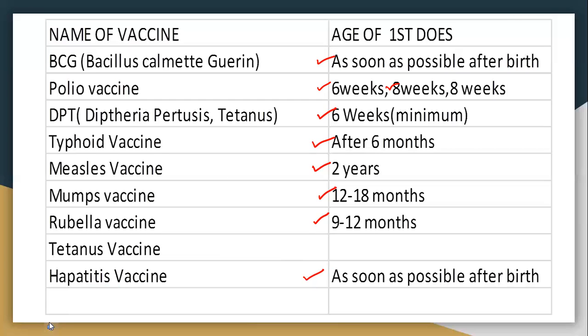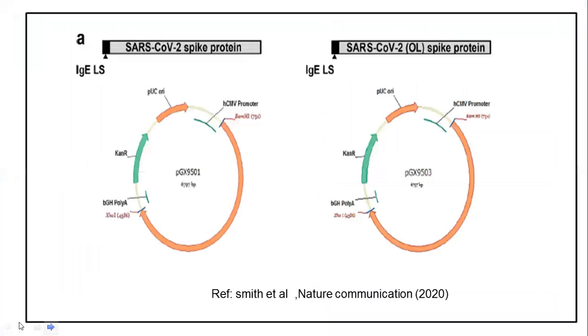Now we'll see how to construct a DNA vaccine, or how a DNA vaccine works. This image is actually taken from a recent paper, Nature Communications, Smith et al. 2020. Here they are trying to develop a vaccine for coronavirus, targeting the SARS-CoV-2 spike protein.